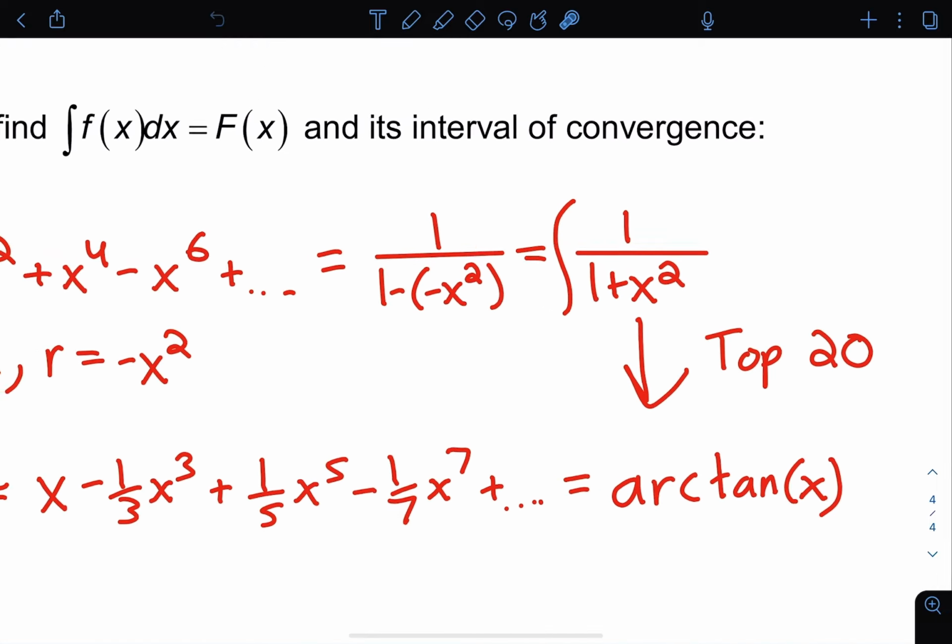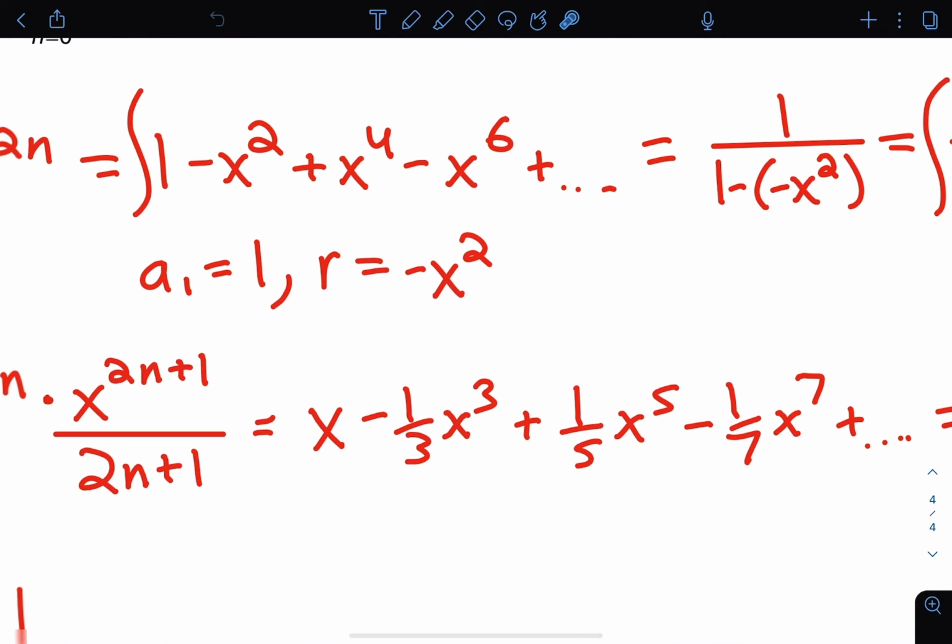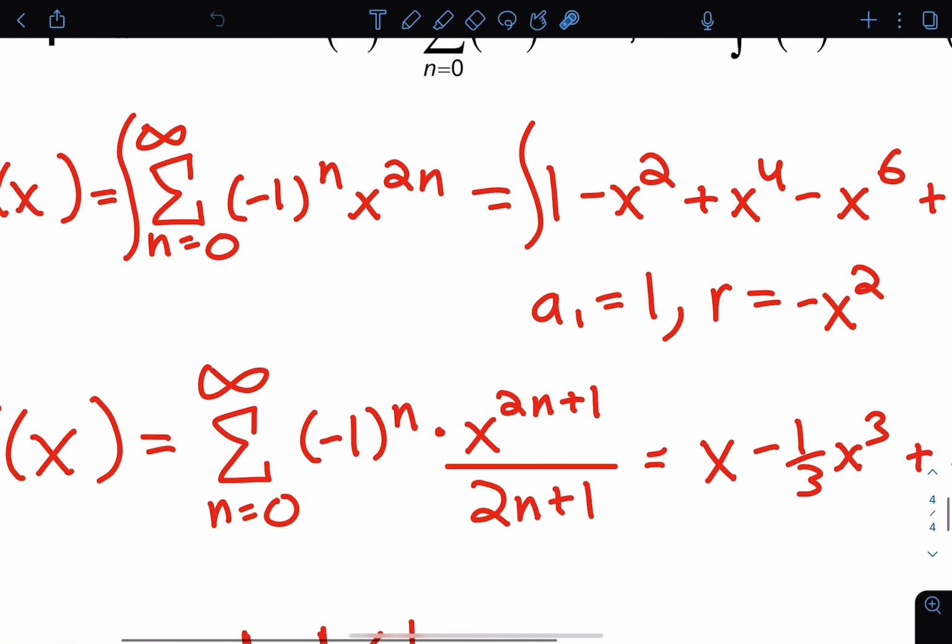This is crazy, right? Tangent inverse of x is equal to this infinite sum, which can be written in sigma notation, right? And so if we take our formula and we go, okay, cool, what's the antiderivative? X to the 2n, that's just going to be power rule, right? And then the negative 1 to the n, that's like a coefficient, that's just the alternating signs, so that part can stay.